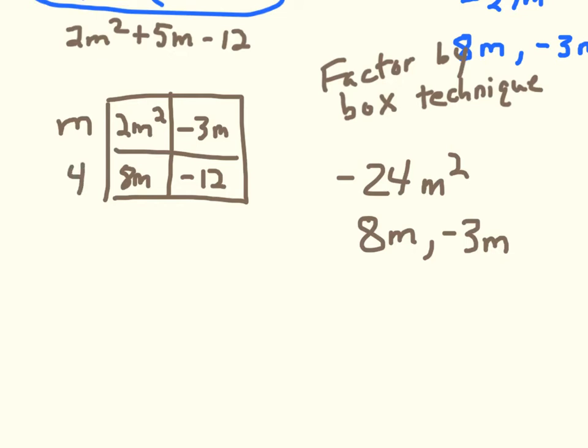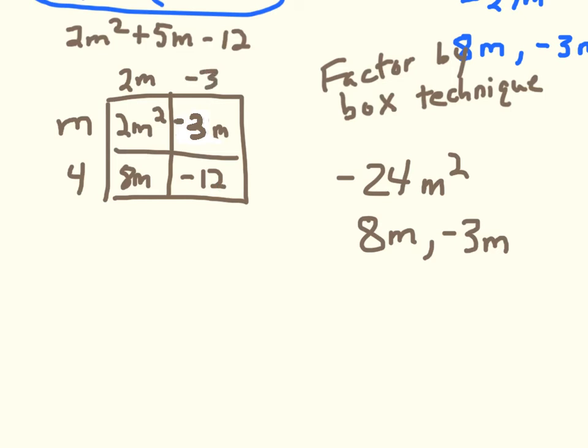And now looking vertically, I'm going to go 2m squared and 8m. The common factor is 2m. And looking right here, the common factor of negative 3m and negative 12 is negative 3.